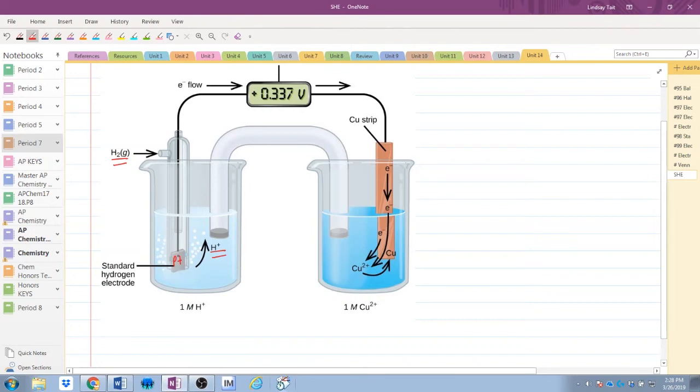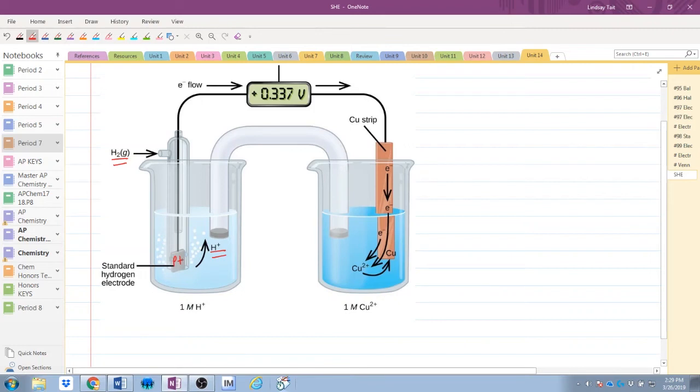And then, depending on what's over here, one of two things can happen. Either the hydrogen ion is picking up electrons and turning into hydrogen gas, or the hydrogen gas is losing electrons. What happens is you have a pipe here, tubing, that's pushing hydrogen gas, pumping it into this tube so that it's bubbling over that metal platinum plate.